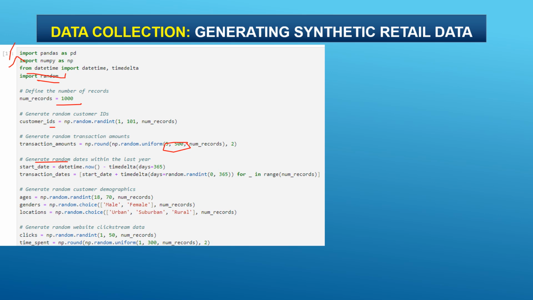Random ages between 18 and 70 are generated. Random genders, male and female, are assigned, and random locations: urban, suburban, and rural. Then we generate random website clicks, a random number between 1 and 50, and random time spent between 1 and 300.